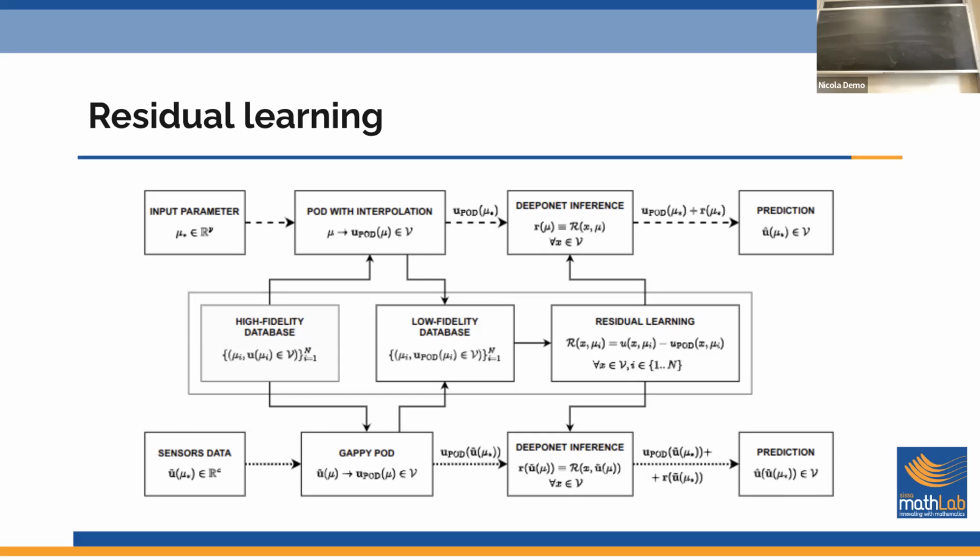You can ask, of course, for the residual at that specific input, and you just have to sum these two things to get the final prediction. So it's just the sum of the POD model with a nonlinear network in the middle. The first part, everything from here, is linear, then you have a nonlinear addition that wants to improve, of course, the final result.